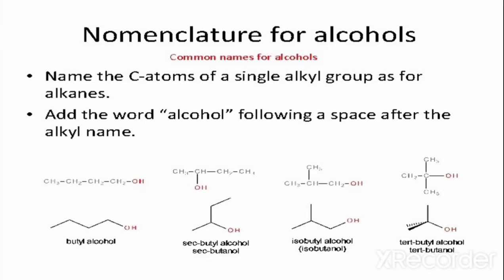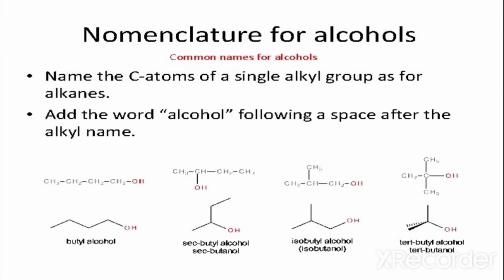So in the common names of alcohols, we will name the carbon as we name in alkanes. Then the other step is to add the word alcohol, following a space, after the alkyl name.